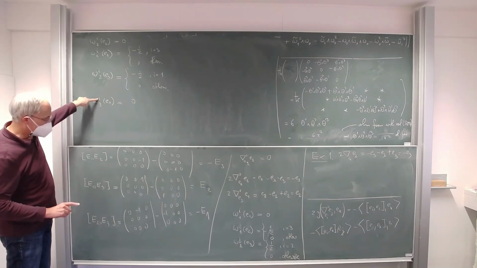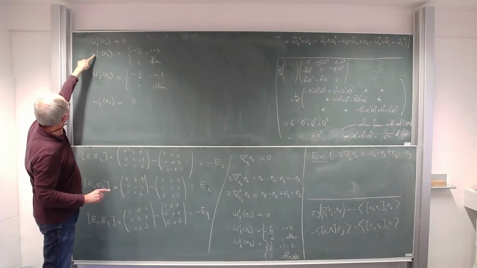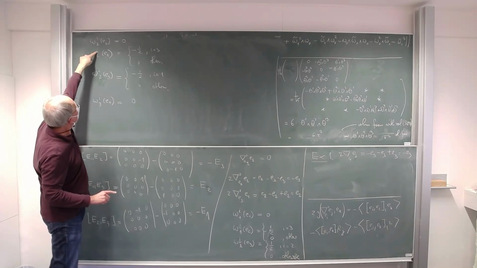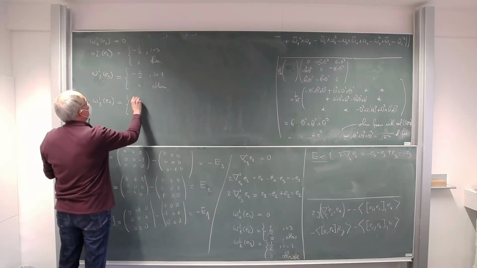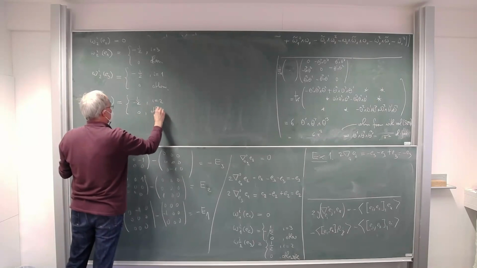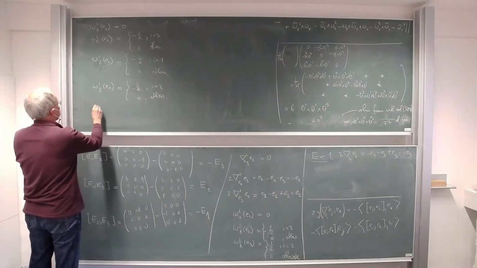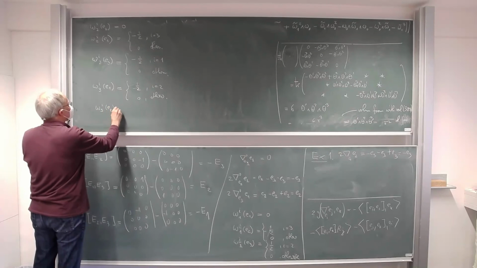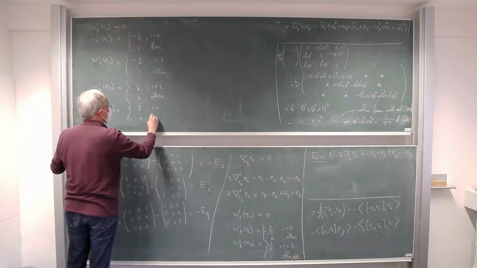For I equals 2, I have to use this one with I equals 3 here, which gives me that term with a minus sign. It's plus 1/2 for I equals 2, 0 otherwise.